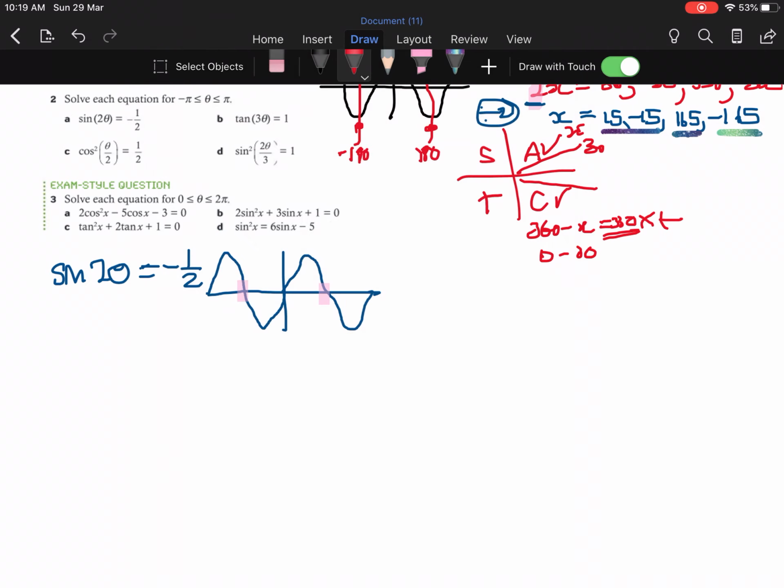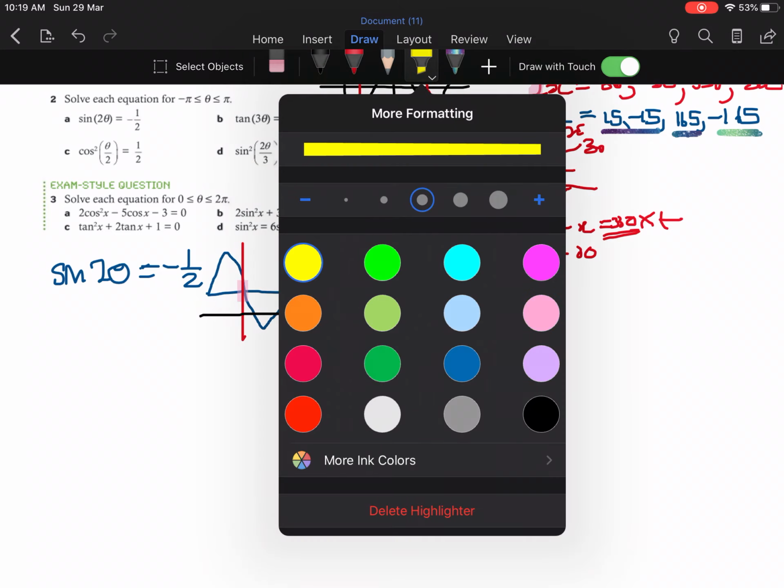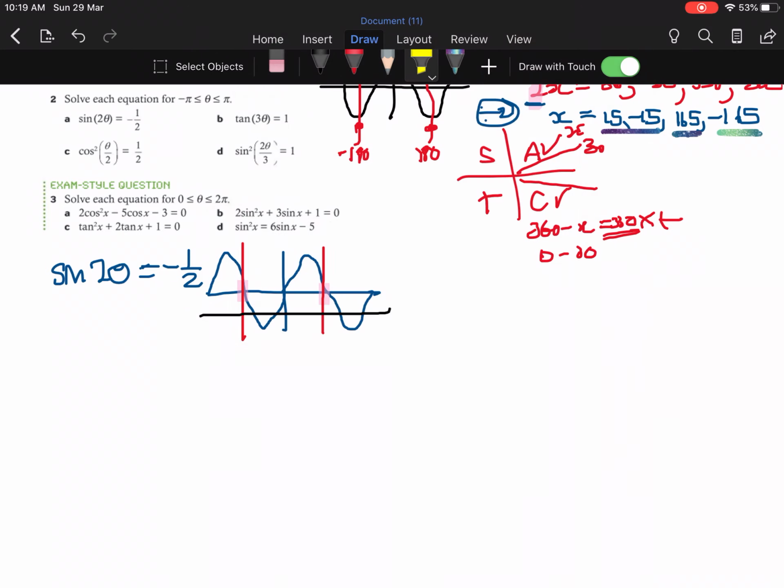So I'm only looking in this part of the graph, and I'm looking at negative a half. So where is negative a half? Well, negative a half is approximately here. So that means I'm only wanting this one and this one. So I'm looking for two values for 2 theta.